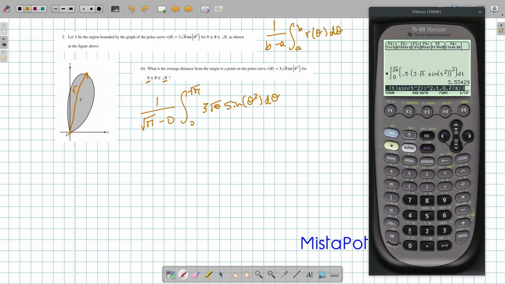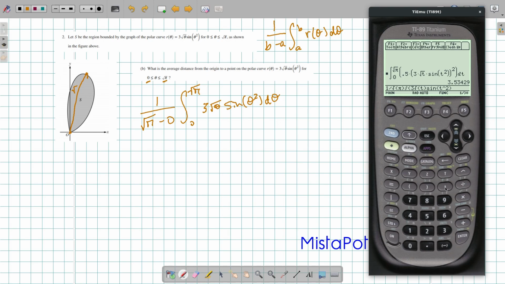So I'm going to have 1 divided by square root of pi times the integral of 3 times the square root of theta times the sine of theta squared.